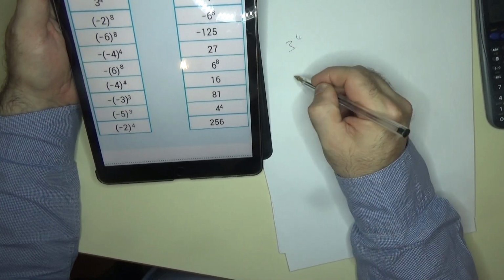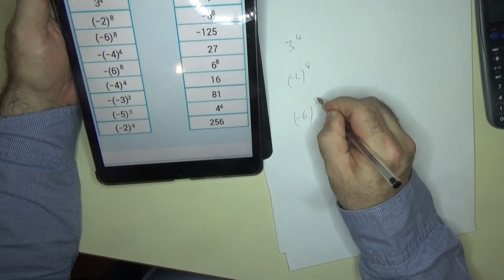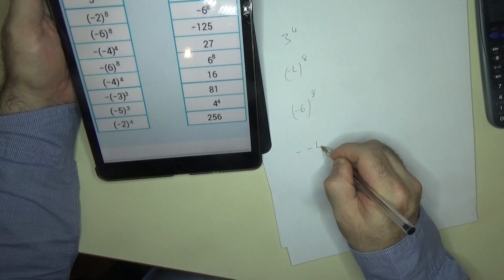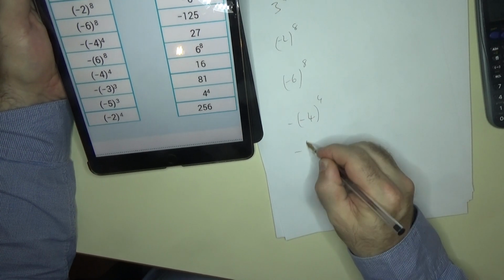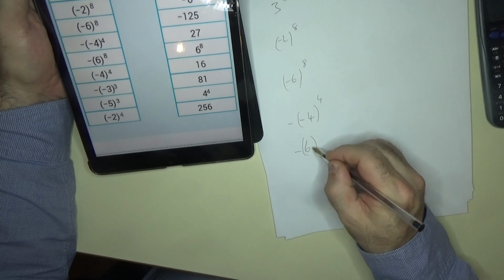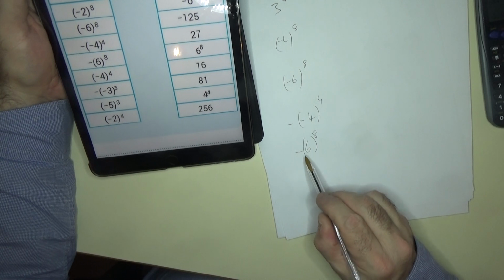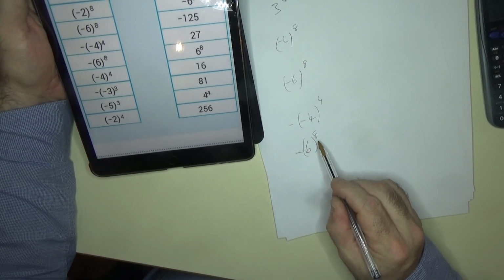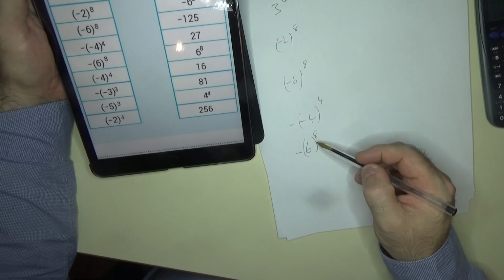3 to the 4, minus 2 all to the 8, minus 6 all to the 8, minus 4 to the 4, that's negative, minus 6 to the 8. There's a difference between what I said there, minus 6 to the 8 as opposed to minus 6 all to the 8.